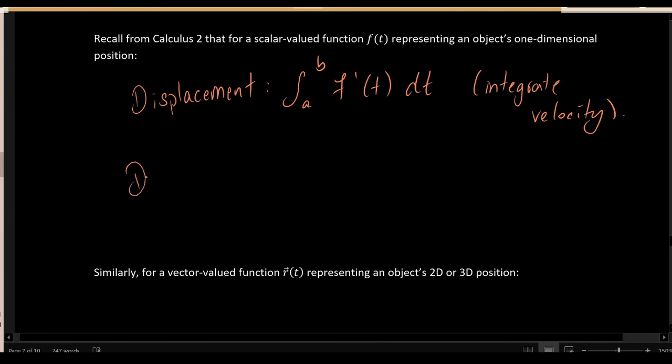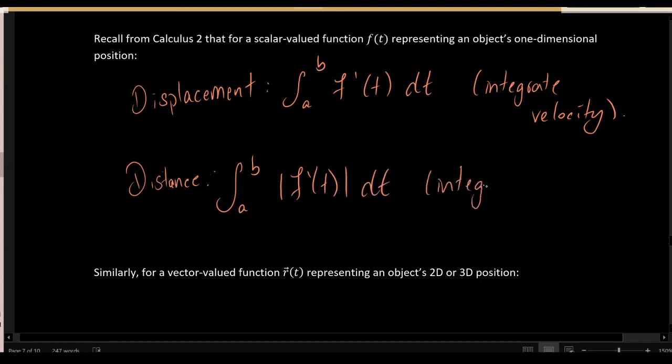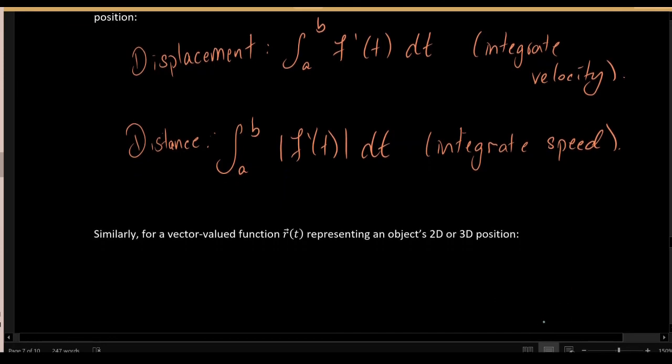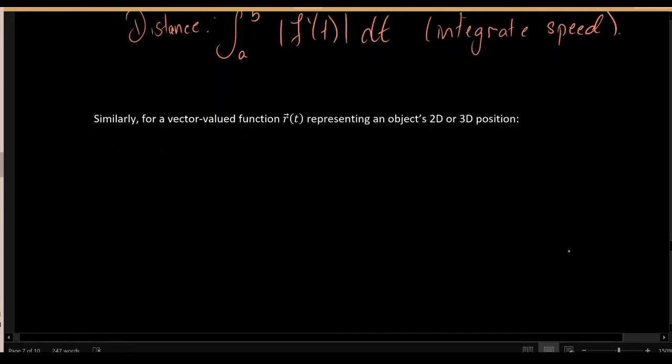However, if we wanted the distance traveled, what we would do is integrate from beginning to end the speed of the object, velocity with an absolute value. Unfortunately for us, the formula and the idea is exactly the same here.